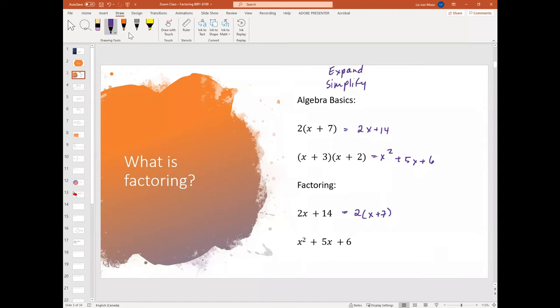And this is the second piece, of course, what we're looking at here. We'll spend a fair bit of time looking at trinomials. These are easier trinomials where the coefficient of the x squared is equal to 1. We'll also look at trinomials where the coefficient of x squared is larger than 1. That's probably the trickiest set of factoring problems that we'll look at. So this just lets us go backwards. Factoring lets us go backwards from simplifying or expanding.